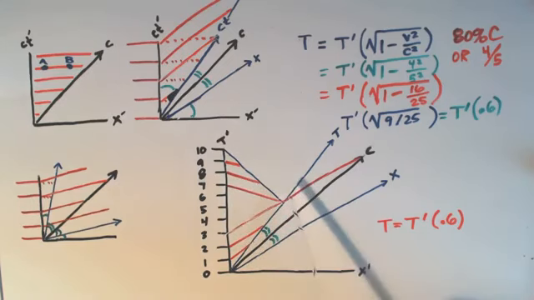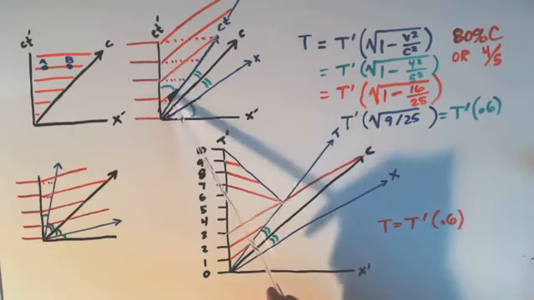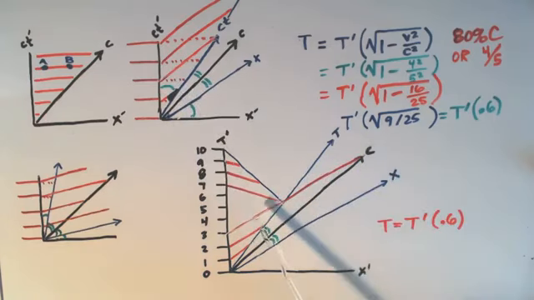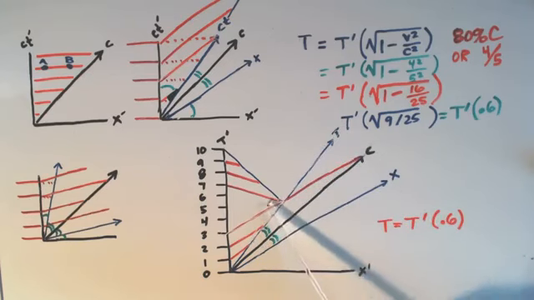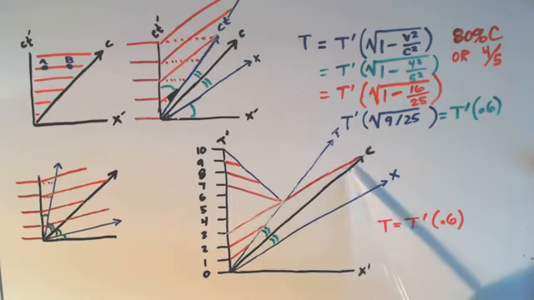And if you'll notice, how do you know that these are right? Because look at this angle right here, and I drew it in black up here. It's between the X prime and the spaceship's travel through space. That angle right there is 45 degrees, just like this one is 45 degrees for light.